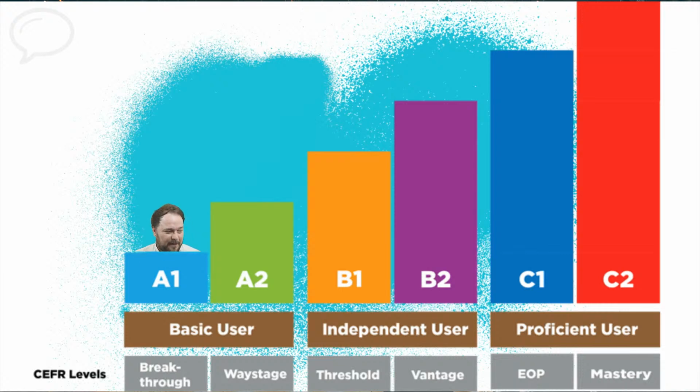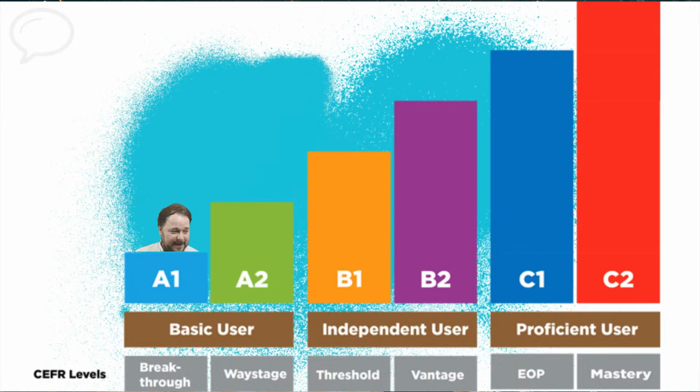Okay. So I want to talk about the European Common Framework very briefly, because this is an extremely useful way to gauge what your language level is. And this is what I recommend, even if you don't join the challenge, that you take as your end goal as you're trying to learn whatever language you're learning. So this is split up into 6 different levels.